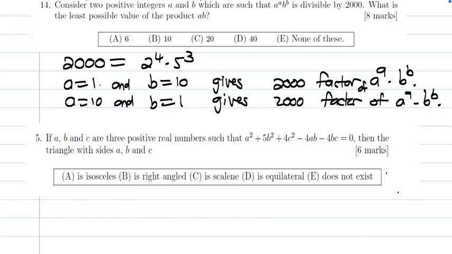Because then you get 1 to the power 1 times 10 to the power 10, and 10 to the power 10 is clearly a multiple of 2000. So the smallest possible value for ab, remember a is a positive integer and b is a positive integer, turns out that the smallest possible product is 10.